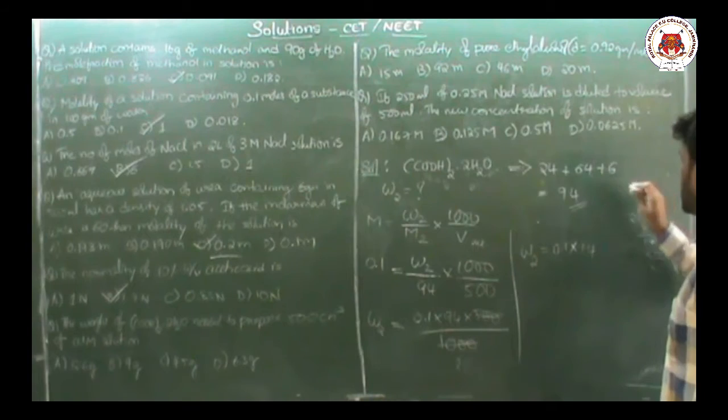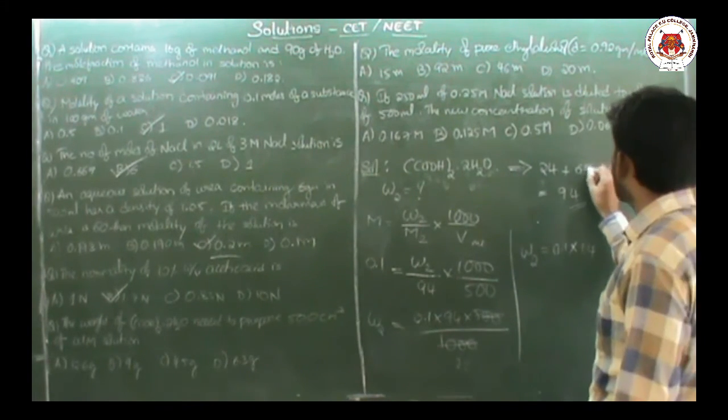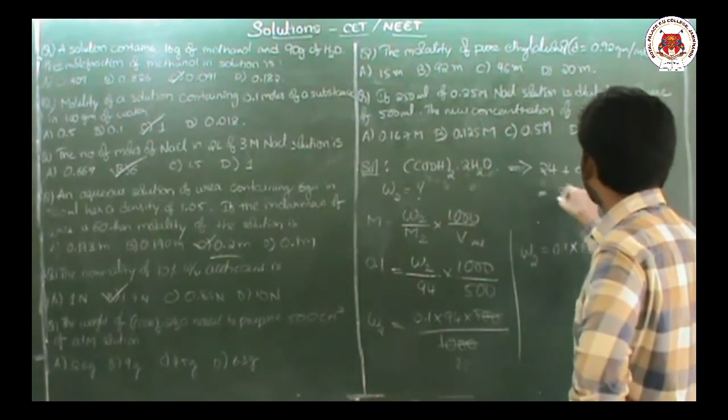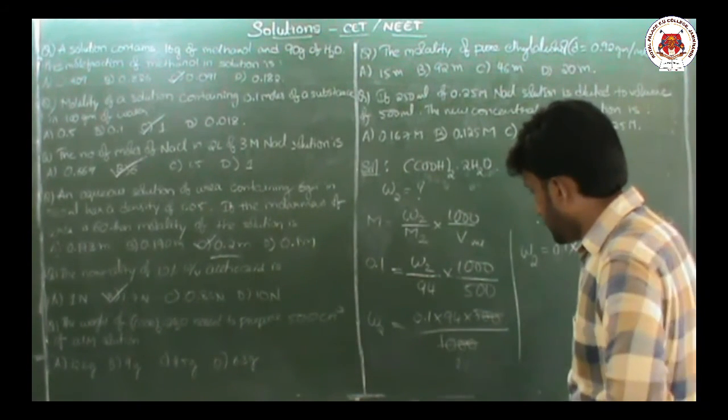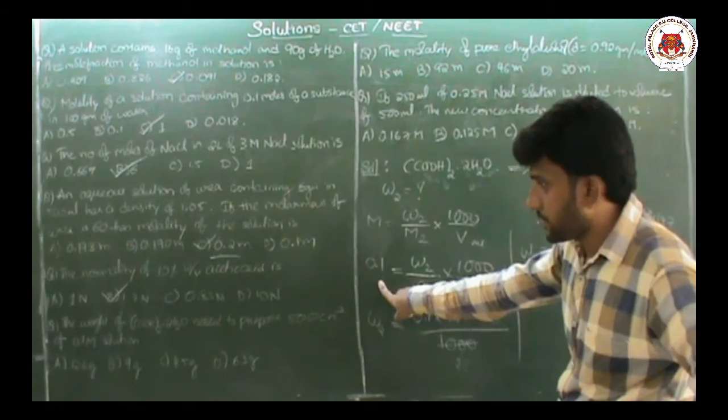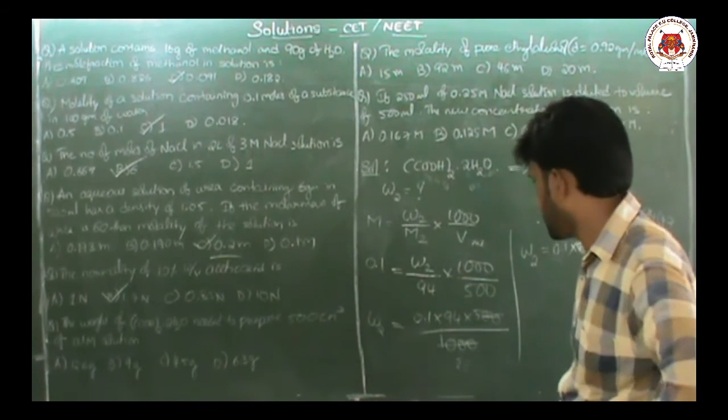So that is 24, 64, 6, which makes 94. Right? So this is the 0.1 molar solution given to us.